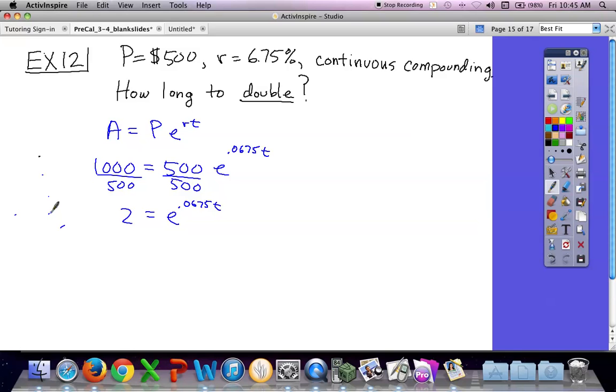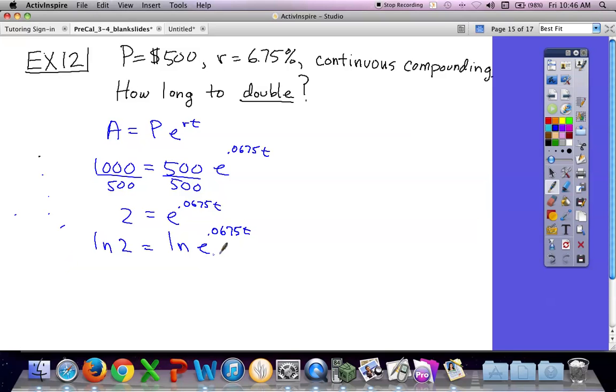Okay, I've isolated the exponential, then what? What do we do at that step? Come on now. Just take the ln of both sides, right? So that will be ln of 2 equals ln of e to the 0.0675 t.